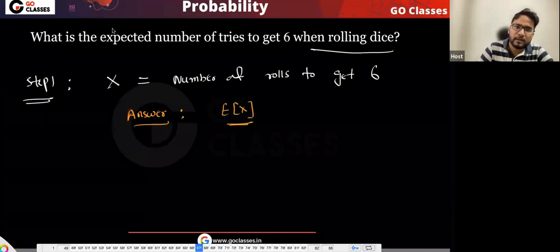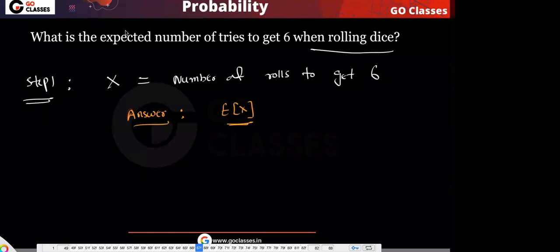Okay, let's just see how we can find it. Suppose at the start you are here, and then what may happen? You roll a dice, maybe 6 can come and not 6 can come, right?